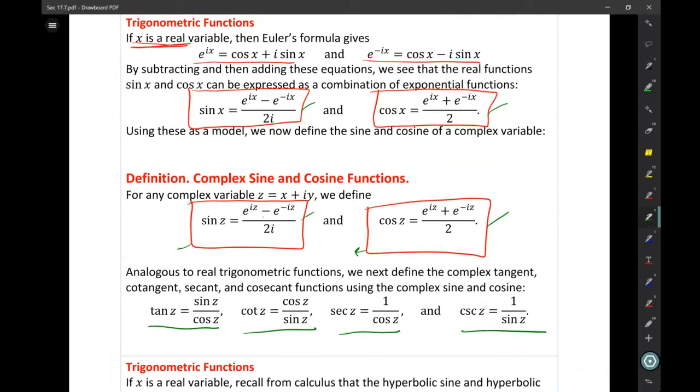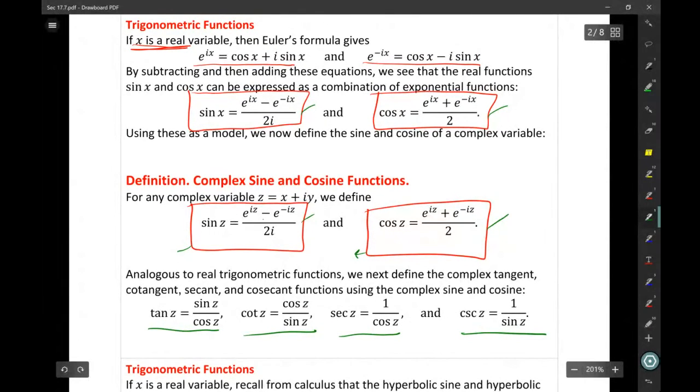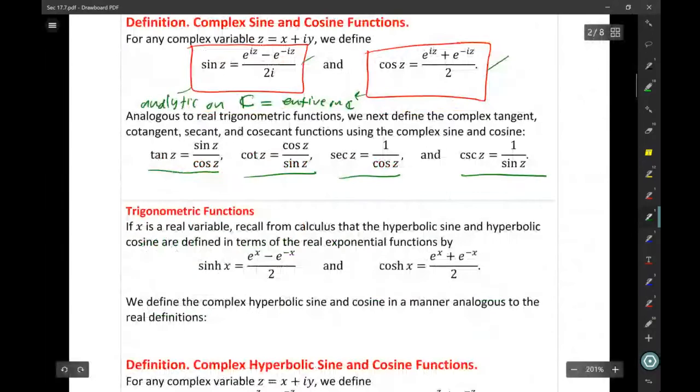I mean, they are analytic on the complex field and therefore entire. So these functions are analytic on the complex numbers C, both sine and cosine.